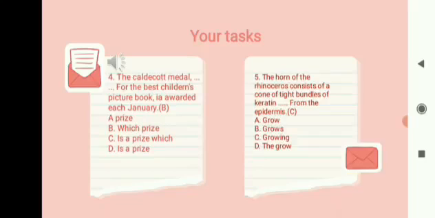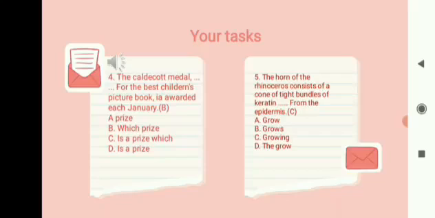Okay, for number 4, of course, we must know the subject and the verb first. And here, we know the subject is the Caldecott meat, and the verb is worded. So this sentence is complete and only needs an addition or appositive.